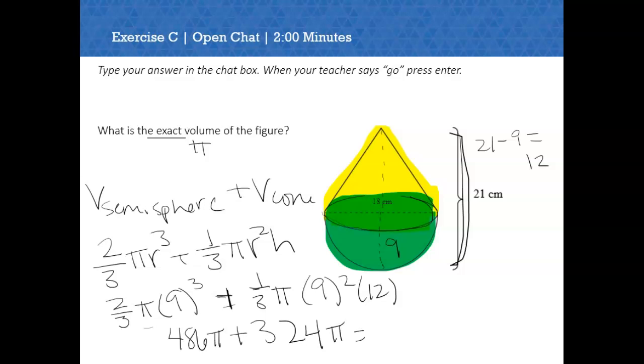Don't forget the pi. Then we can add these together. 486 plus 324 is 810 pi. Again, remember, we're treating it like an x. Centimeters cubed.